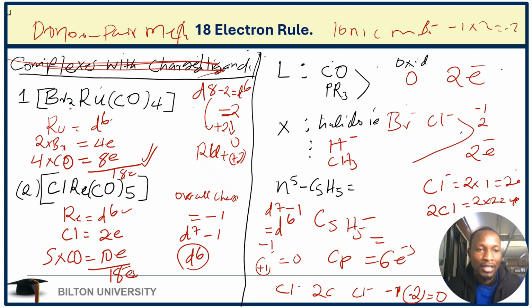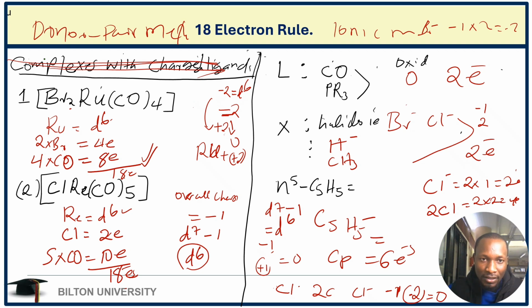So it tells us that our complex has obeyed the 18 electron rule, because the sum of d electrons possessed by the metal, plus the sum of all the electrons contributed or donated by the ligands, should add up to 18, just like we have seen. So this is how the 18 electron rule works.